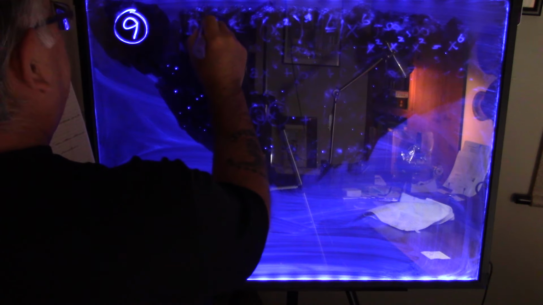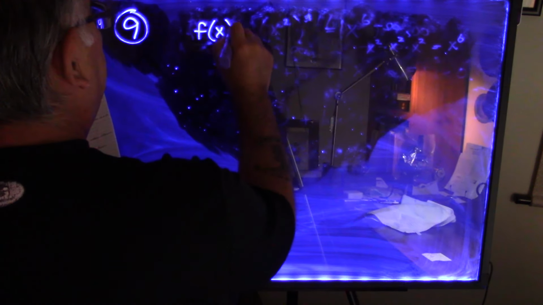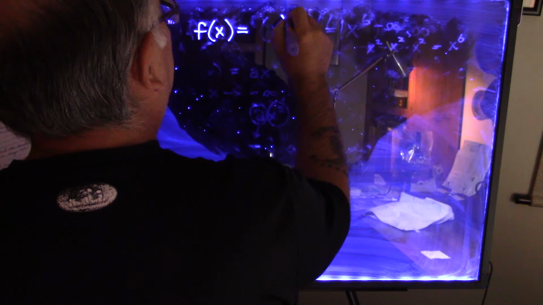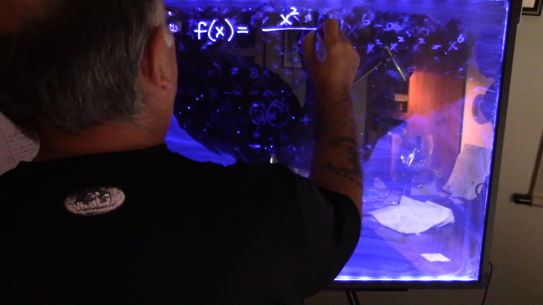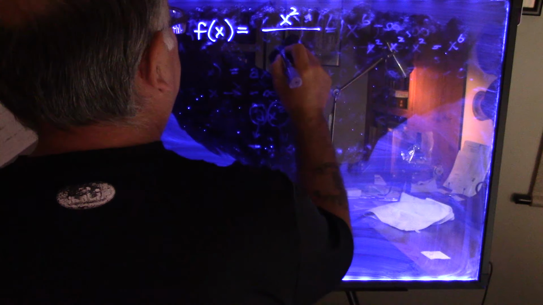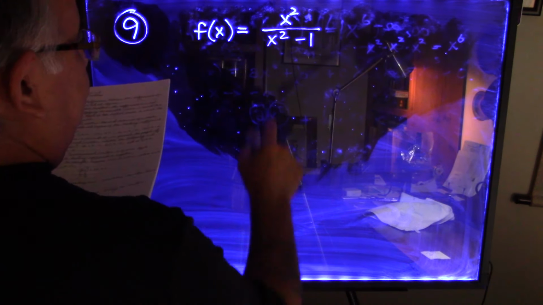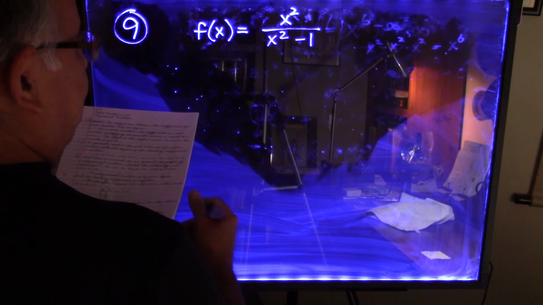Number 9. We have f of x equals x squared all over x squared minus 1. This is not a power function.